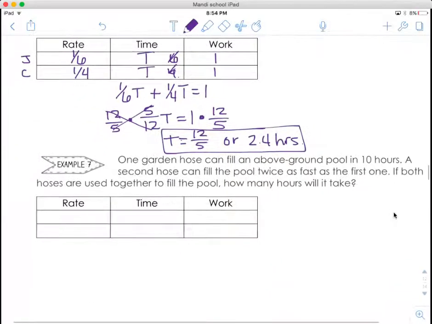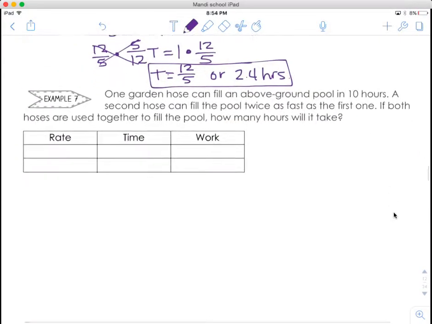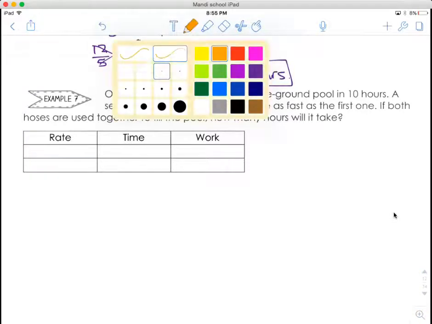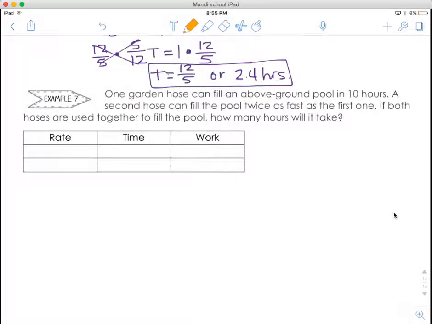Okay, so this last one, we're going to end with just a little bit more difficulty than what we started with. One garden hose can fill an above-ground pool in 10 hours. The second hose can fill the pool twice as fast as the first one. If we use them together, how many hours will it take? So we're going to call this hose 1. We're going to call this hose 2.